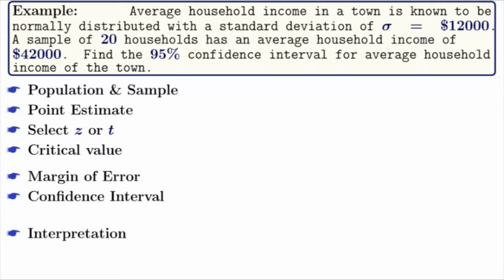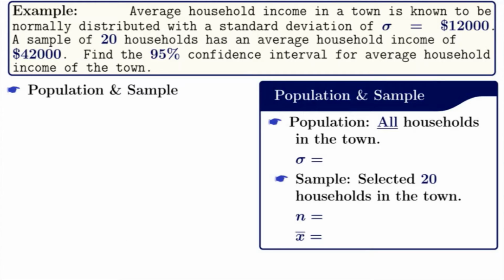First, let's look at the population and sample. Basically, population is all households in the town, and sample is selected 20 households in the town. Now, let's put down what we are given about population and sample here. Our standard deviation is 12,000.